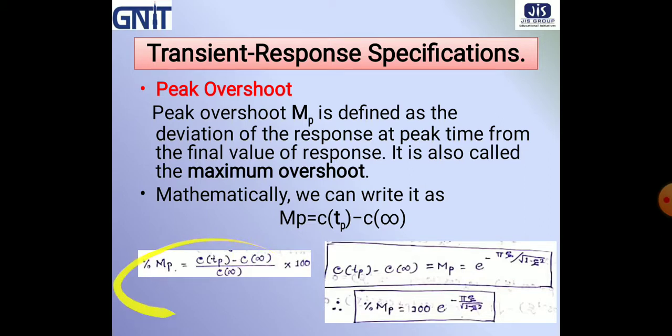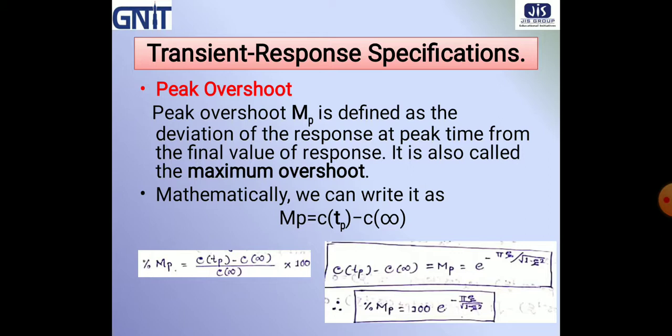So percentage of Mp can be written as percentage of Mp is equal to (c(tp) minus c(infinity)) divided by c(infinity), into 100. After applying the formulas, we can get Mp is equal to e to the power minus pi zeta by root under of 1 minus zeta square.